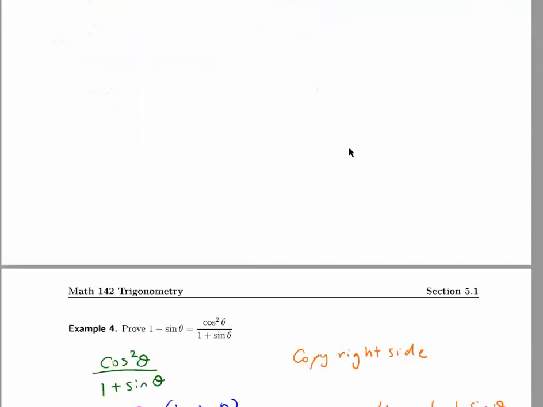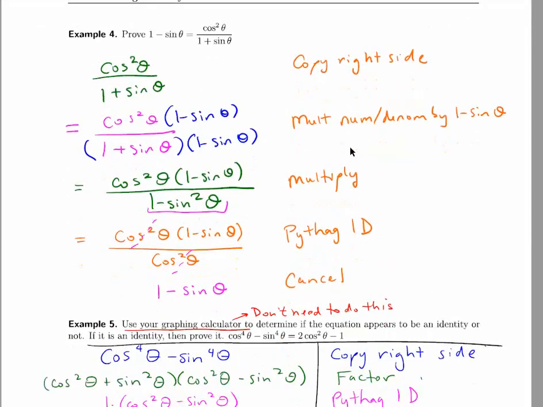Example 4 shows a new technique for proofs that we haven't used yet, I don't think. It uses the idea that's like a conjugate from algebra. Here in example 4, we have cosine squared theta over 1 plus sine theta. And the steps shown here use the idea of a conjugate to multiply the numerator and denominator by the conjugate of 1 plus sine theta, which is 1 minus sine theta.